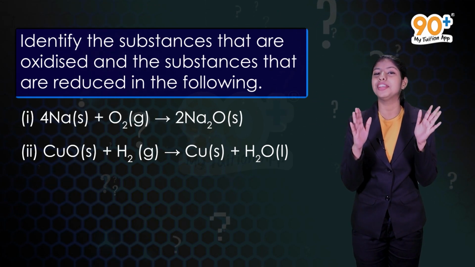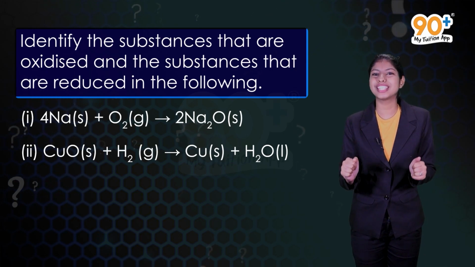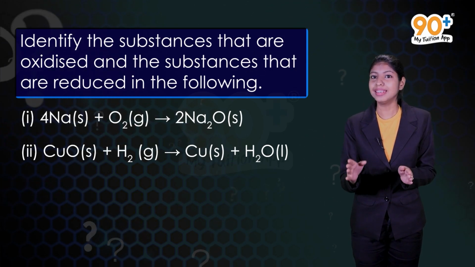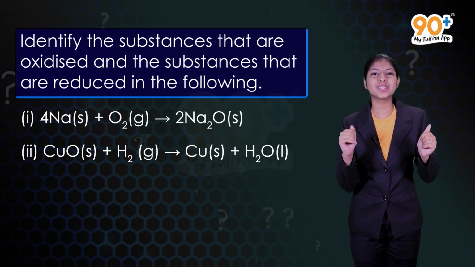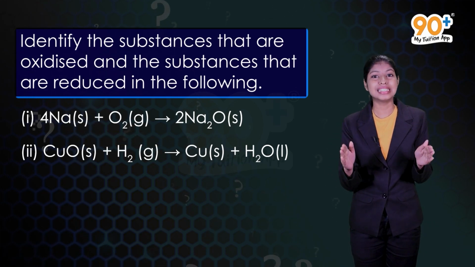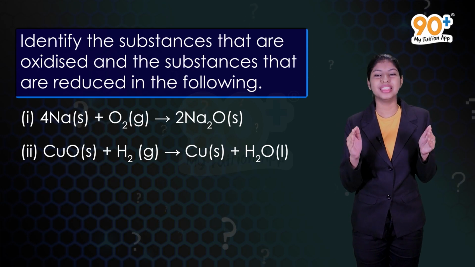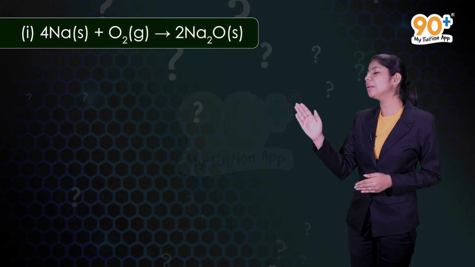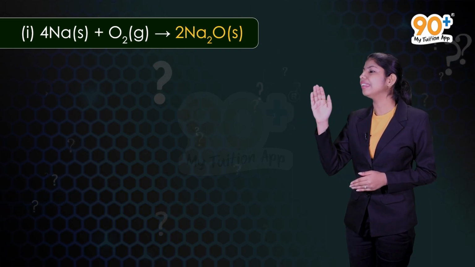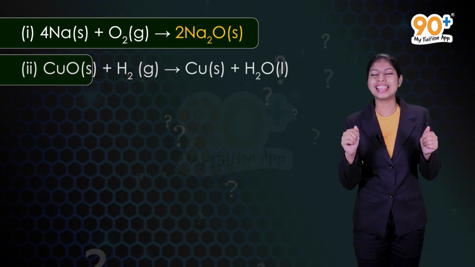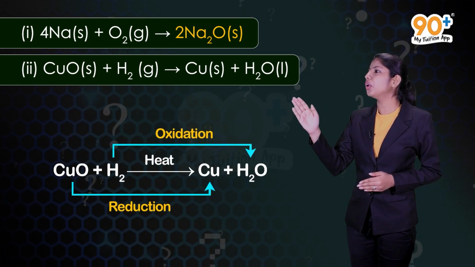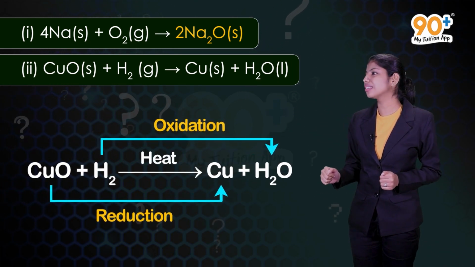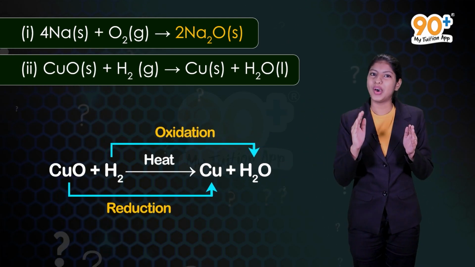We know that if a substance gains oxygen during a reaction, it is said to be oxidized, and if a substance loses oxygen during a reaction, it is said to be reduced. Therefore, in the first reaction, sodium is oxidized into Na2O, and in the second reaction, CuO is reduced into Cu and H2 is oxidized into H2O.